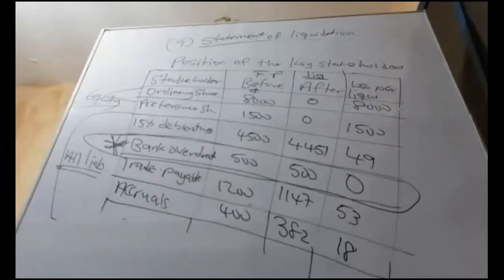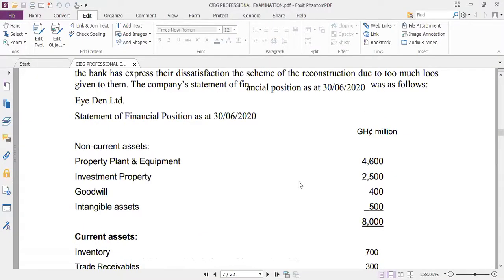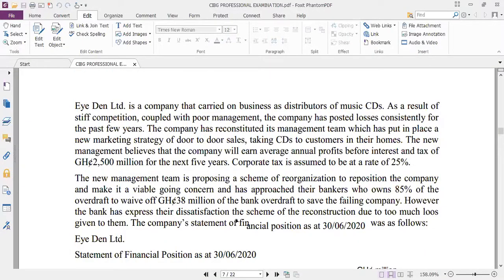Second, when you go through the question, they said at the top that the company has approached their bankers, who are owed 85% of the overdraft, which is 500, so that's 425, to waive off 38 million of the bank overdraft to save the failing company.